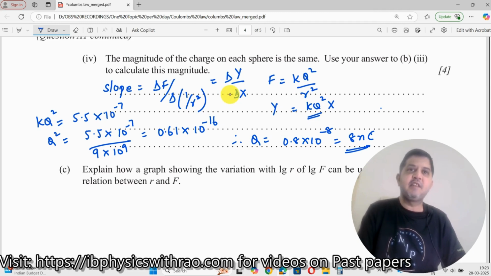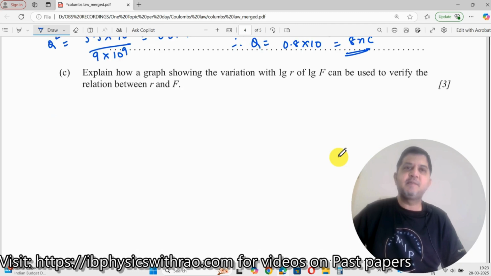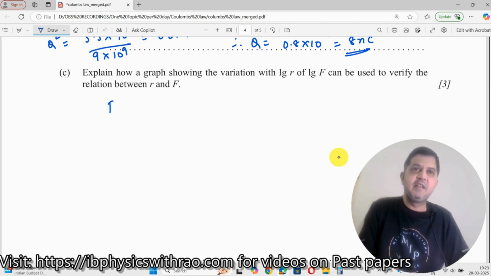We have got the value of each of these charges to be 8 nanocoulomb. Then, explain how a graph showing the variation with log of r of log of f can be used to verify the relationship between r and f. Now once again, write f is equal to k q square divided by r square.